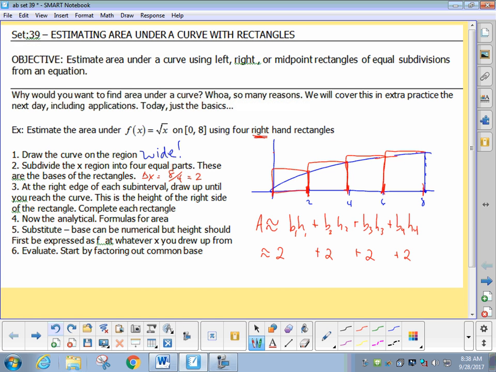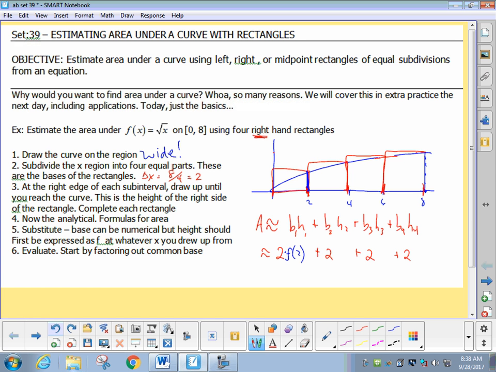When you express the heights, you need to communicate in your notation where they came from. So this first height is here, yeah? Now, you and I know it's the square root of 2. But in terms of what I want to see, I want you to show me that is f at 2.